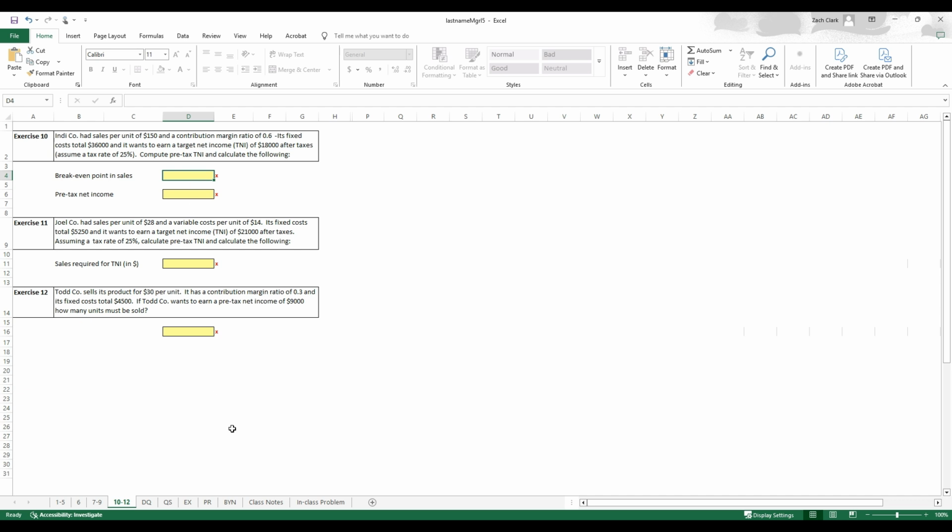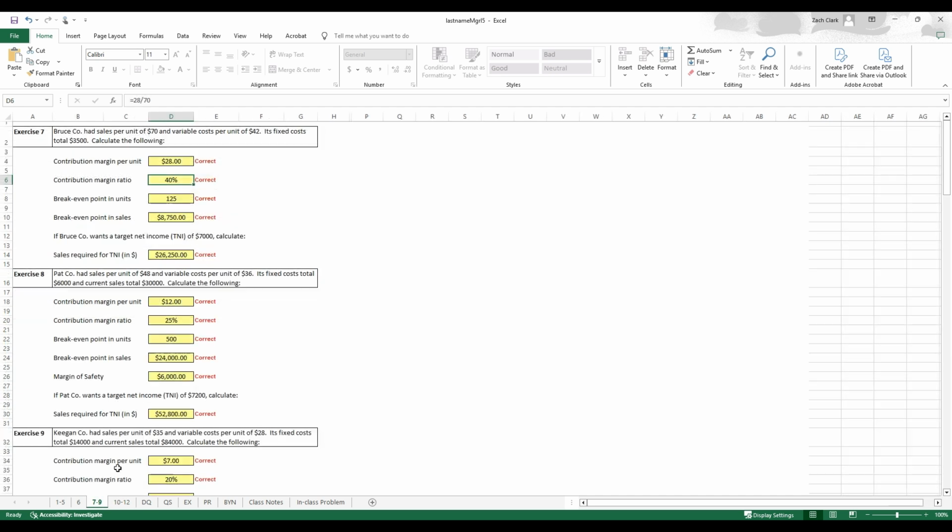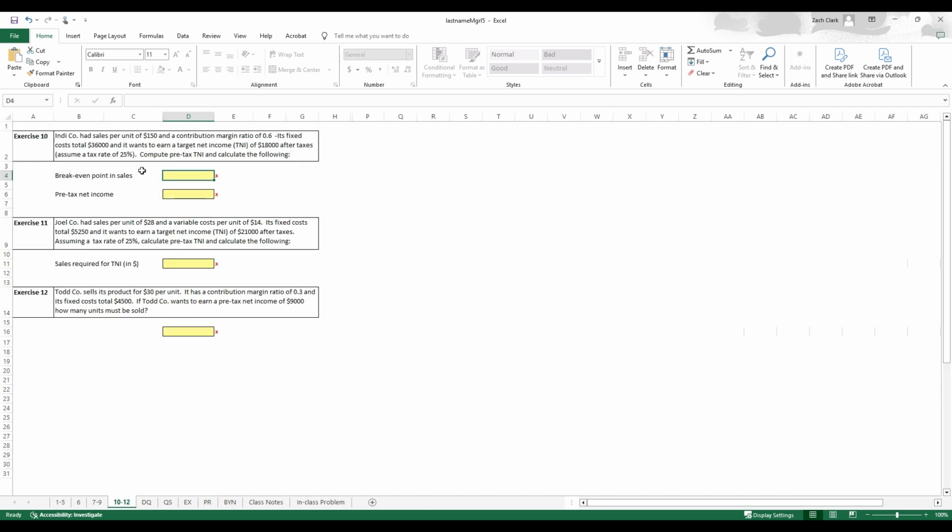Then if we want to get our break-even point in sales, as we look back here, we can see the contribution margin ratio divided into the totals. So we had 60%, and I think we can get this just from dividing by 0.6.